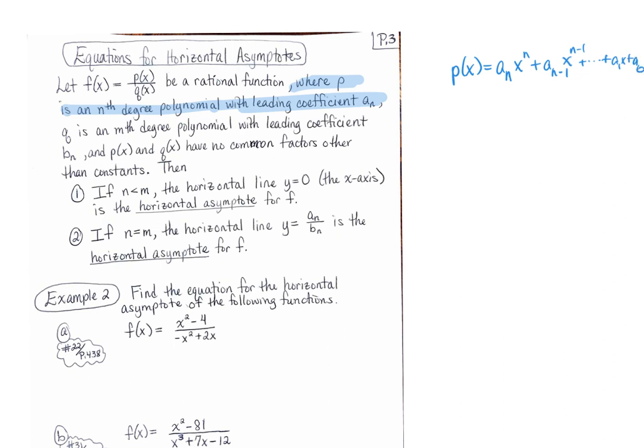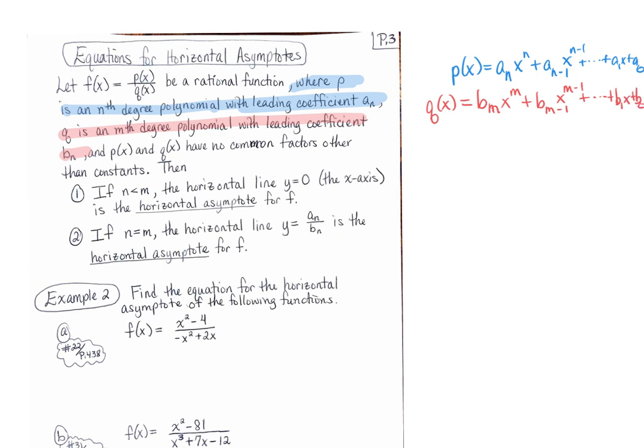Then suppose Q of x is an mth degree polynomial with leading coefficient b sub m. So Q of x is equal to b sub m x to the m plus b sub m minus 1 x to the m minus 1 plus everything out to b1x plus b naught.